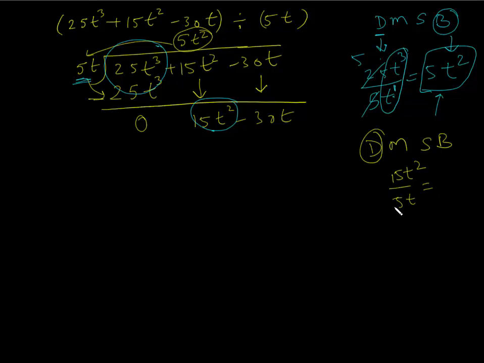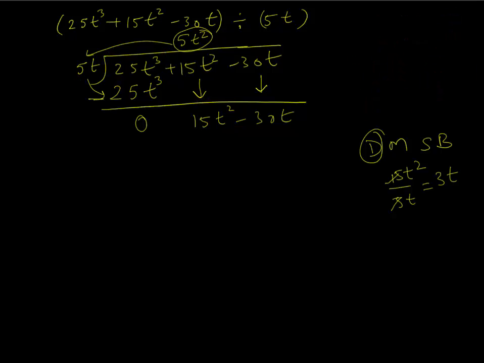Again, 5 goes in 15 3 times, and when you divide t squared by t, you get a single t. So the next term in our quotient will be 3t, and then we will multiply 3t by 5t, which gives us 15t squared. Subtract, and the 15t squared cancels out to 0, so we bring down negative 30t.